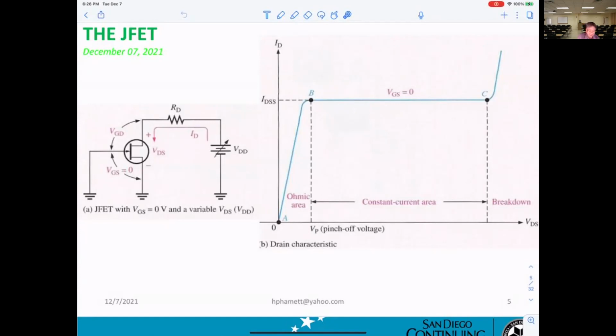You can see this is the constant current saturation region. If VDS is less than VP, the JFET will be in the ohmic region. That means it can work like a resistance.